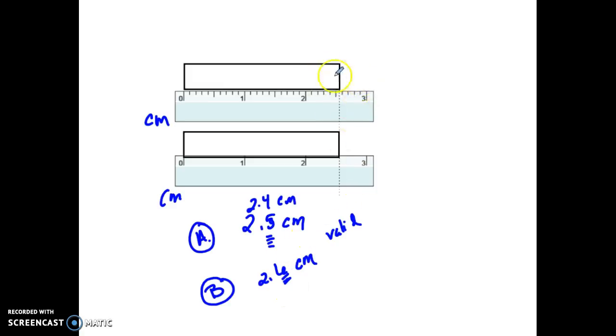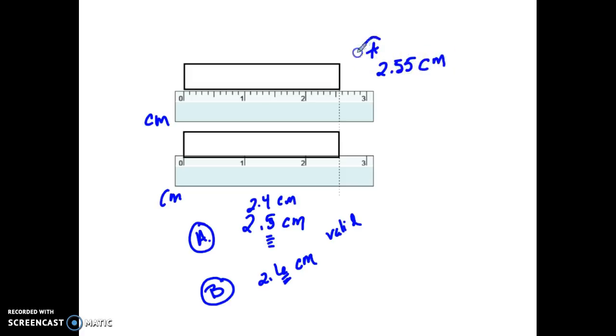Now let's take and look at the ruler up here. Notice there's more graduations. So now when you read this, you say, okay, here it is, 2.1, 2.2, 2.3, 2.4, 2.5, 2.5 for sure. And then it's not quite to 2.6. So let's say student A says it's 2.55 centimeters.